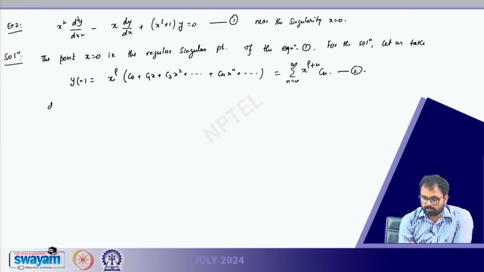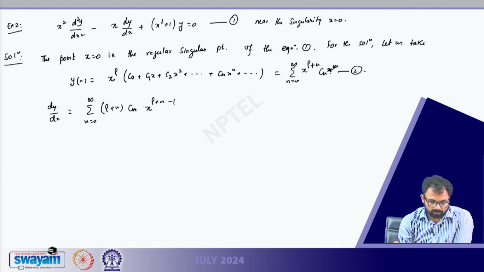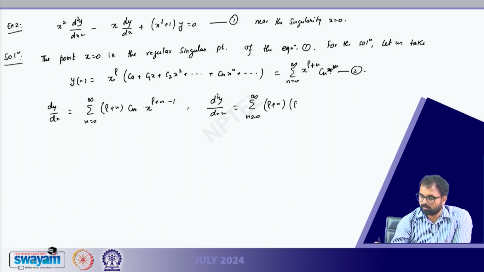So, from here we will get dy dx as summation n running from 0 to infinity rho plus n cn into x to the power rho plus n minus 1, and d square y by dx square as summation n running from 0 to infinity rho plus n into rho plus n minus 1 cn x to the power rho plus n minus 2.